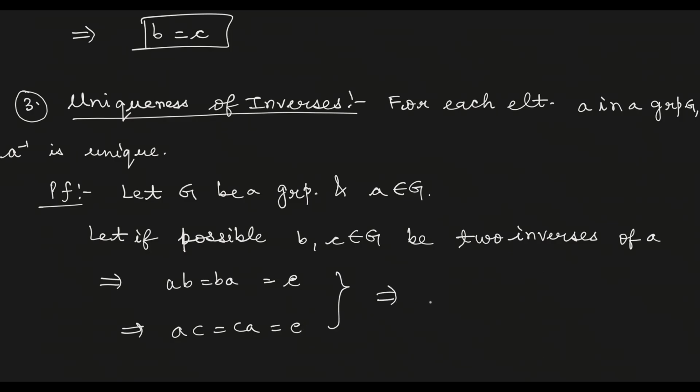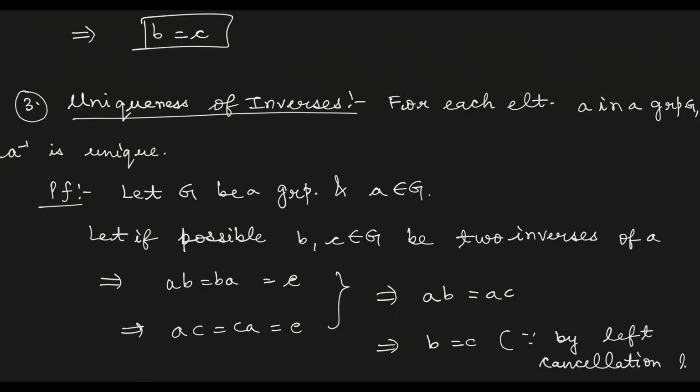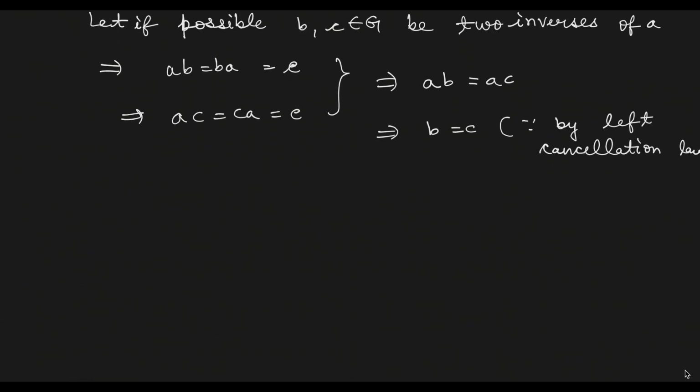So this implies ab is equal to ac. This implies b is equal to c by left cancellation law. So inverses are unique.